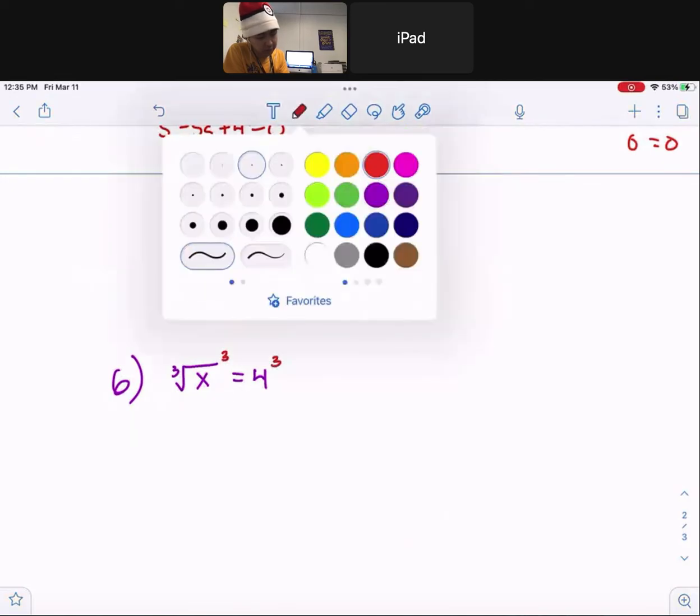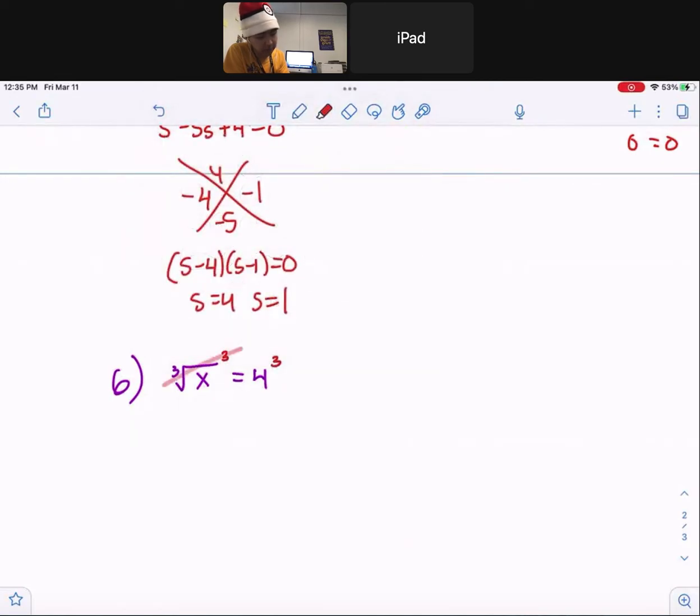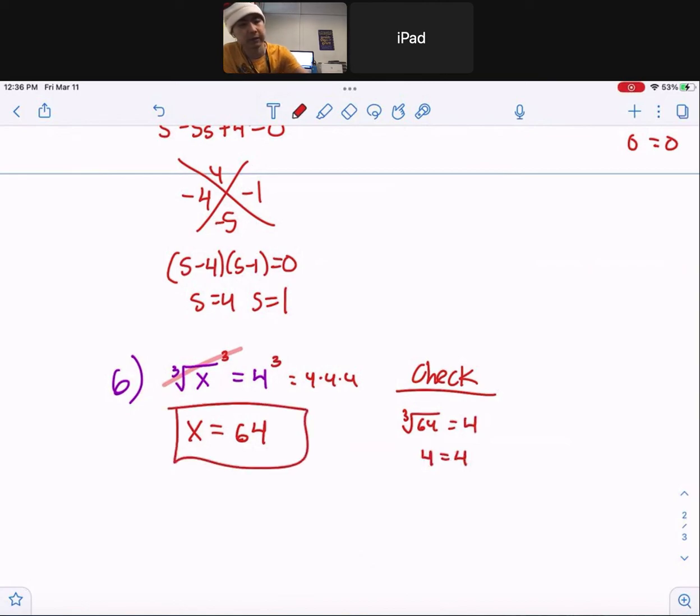And if you guys do that, that eliminates that radical, so we got x equals 4 to the third, which is basically, what's 4 times 4 times 4? 64. And if we check, and we plug that back into the original equation, is the cube root of 64 equal to 4? Yes, it is. So x equals 4 is one of our answers.